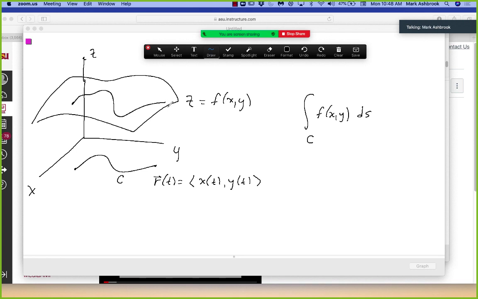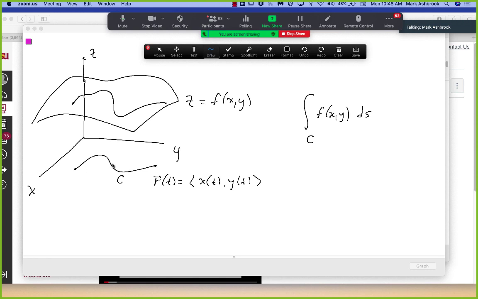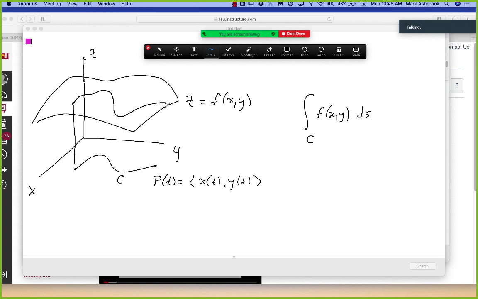Okay, so we're only considering these z values over the curve, and that creates, he said, a curtain kind of. Right. And what did the line integral calculate then? The area of the curtain.